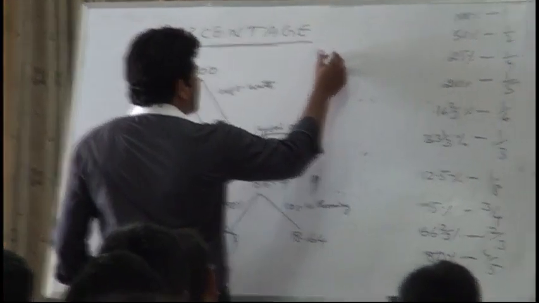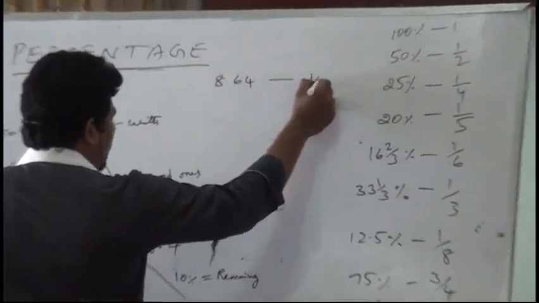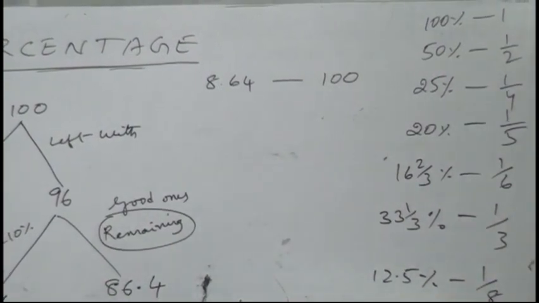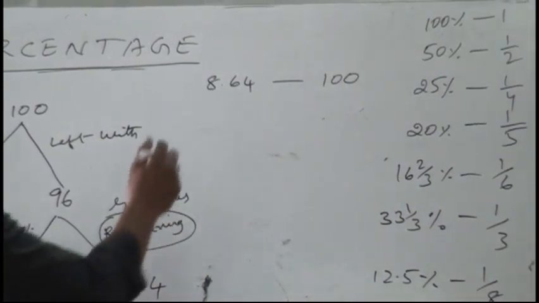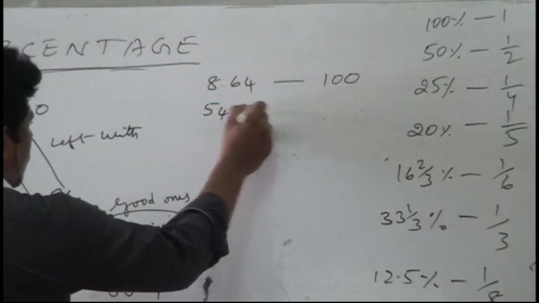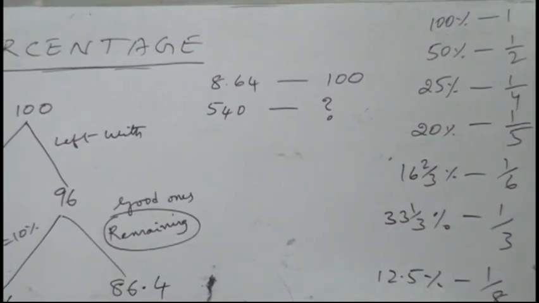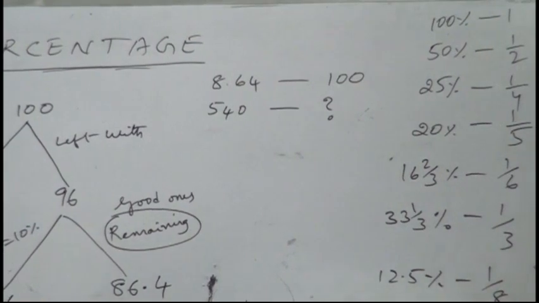Now see my comparison. If 8.64 is remaining, total number of apples he bought was 100. Right? If 540 apples are remaining, what is total number of apples he bought? I am questioning. When we suppose total number of apples as 100, he is left with 8.64.